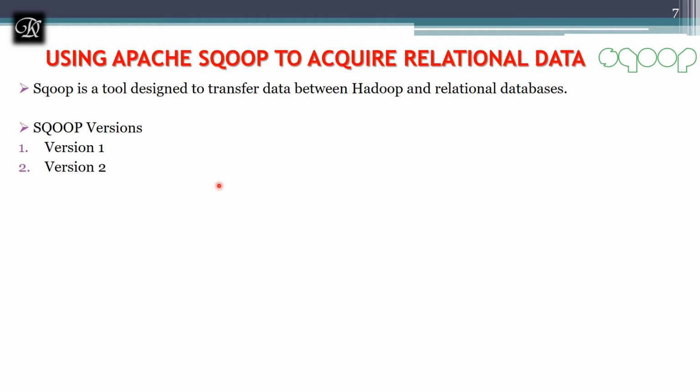That is not so simple, because a script that loads data from one mechanism to another takes time; scripts work faster in the same environment. When you move from one environment to another, that takes time. That's why Apache came up with Sqoop.